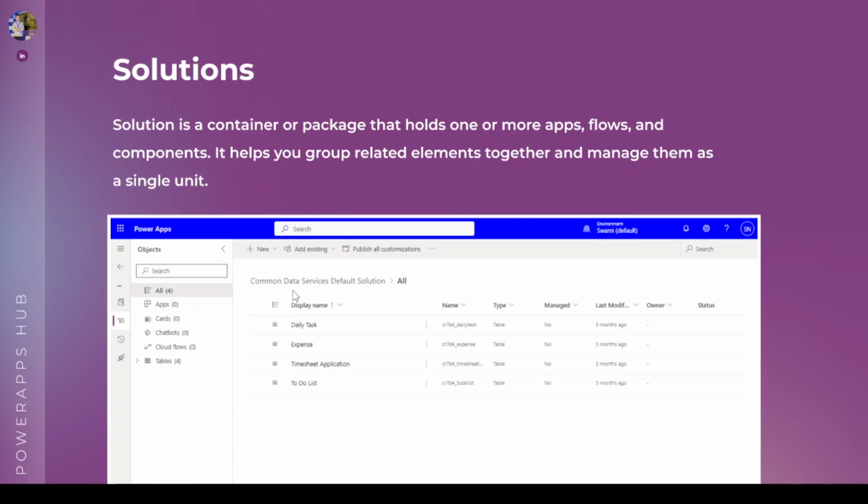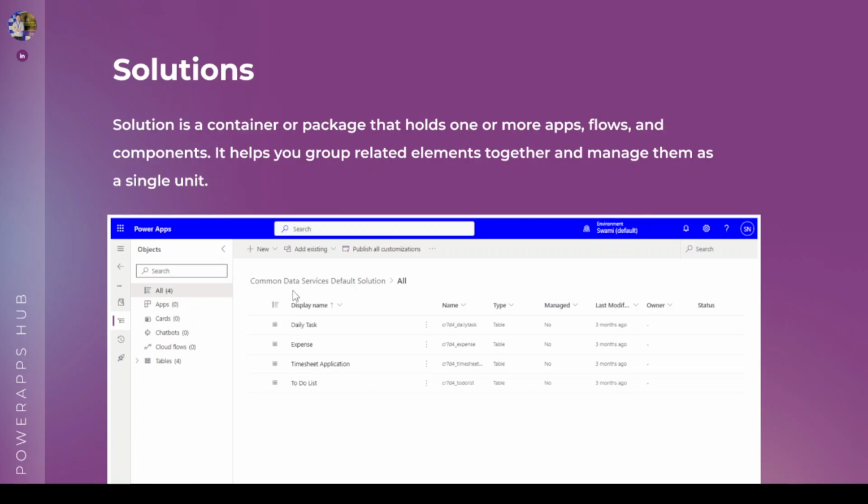So in solutions also we have two different types. One is managed solution, second one is unmanaged solution. So unmanaged solution is for developers, like if we have built one application in our development tenant and you need to pass it on to another environment on another tenant. So there also we have the ability to change something. In that case you need to choose unmanaged solution.